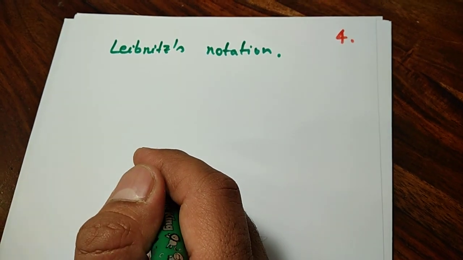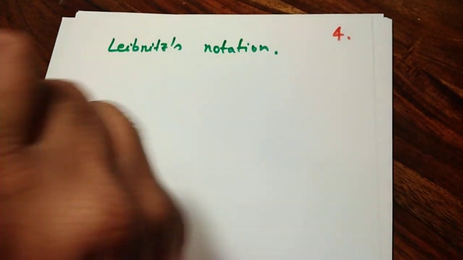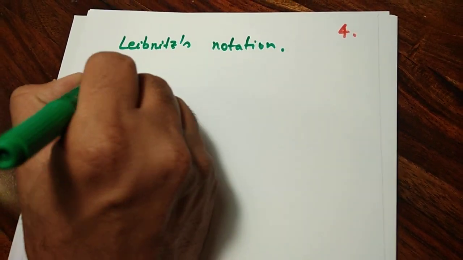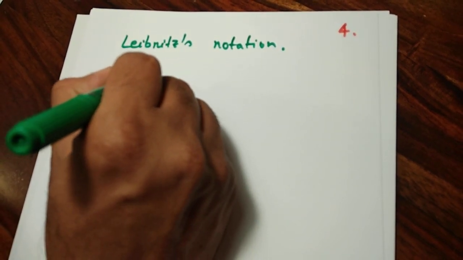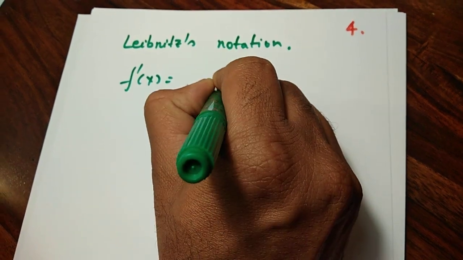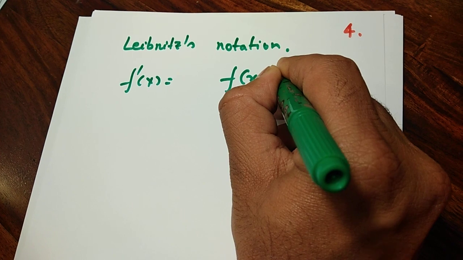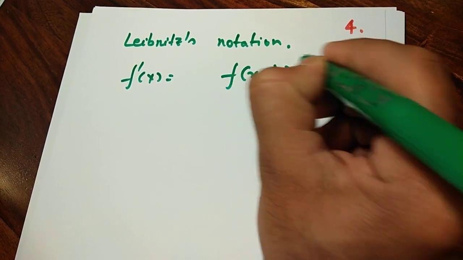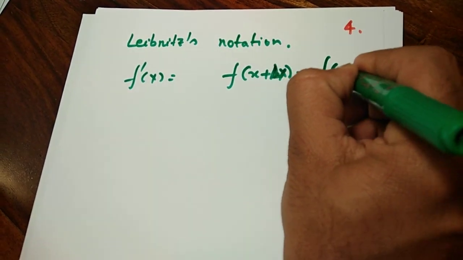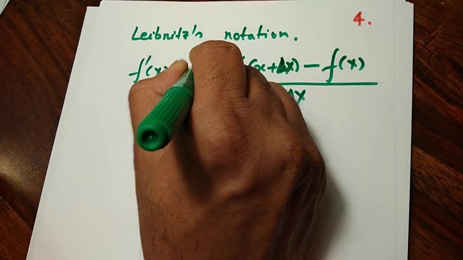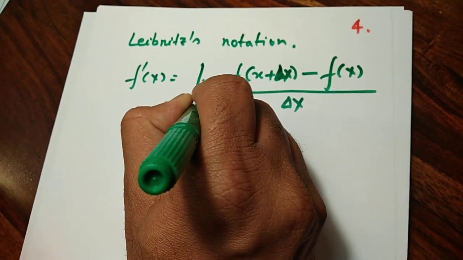Okay, so here the notation is as follows. Let me tell you the logic. Recall your f prime of x is f of x plus h, or let's call it delta x, minus f of x, over delta x, limit delta x going to 0.